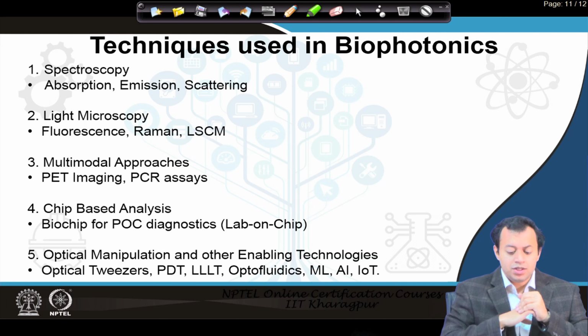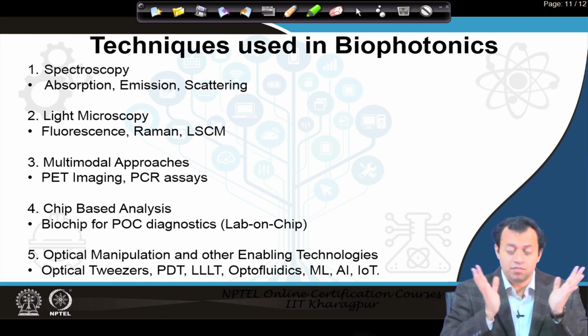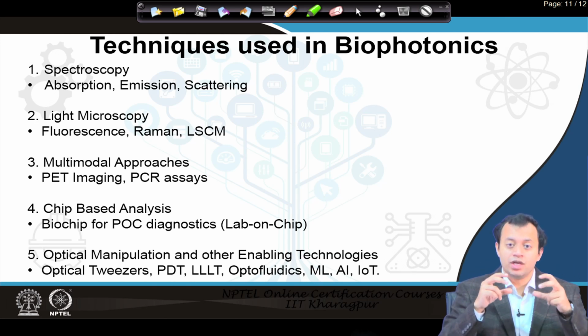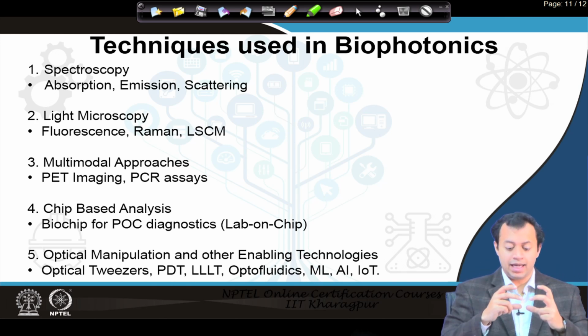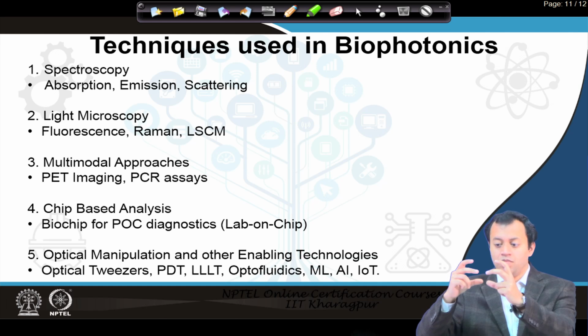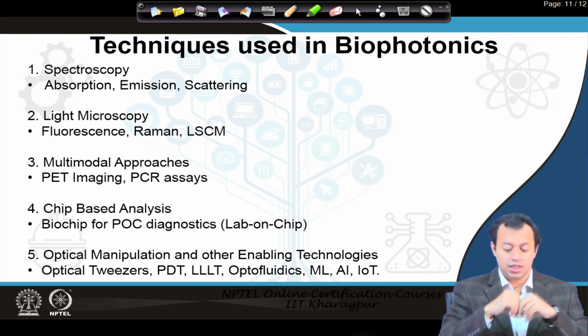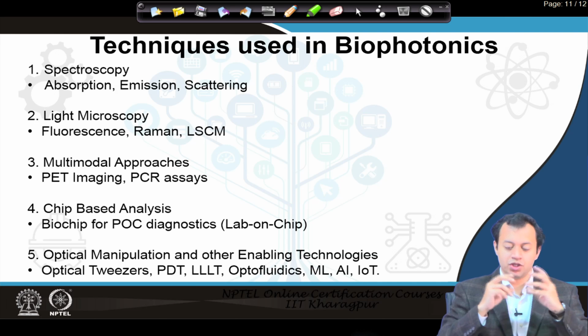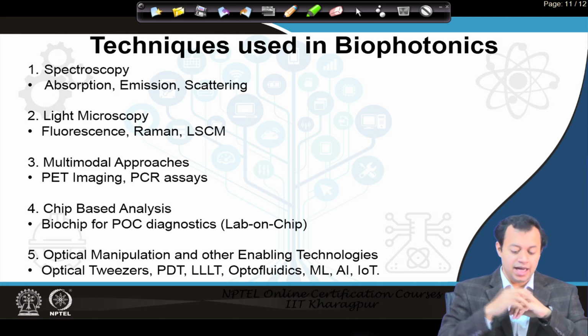Other enabling technologies are strongly coming up. As I said, biophotonics is a very burgeoning field. So, optical tweezers, where we use light waves to hold and place a particular component from one place to another. Like a tweezer, you can pick up very small, microscopic objects using light waves.